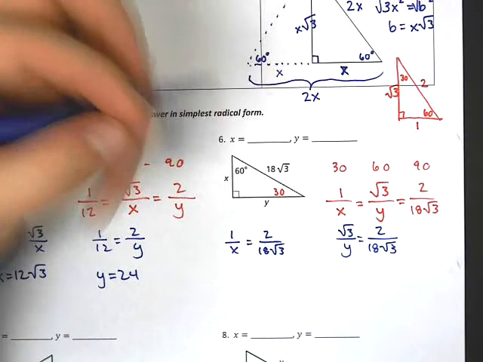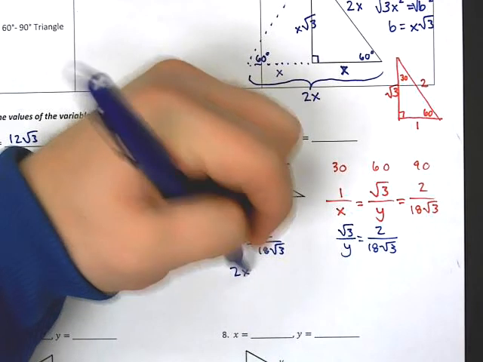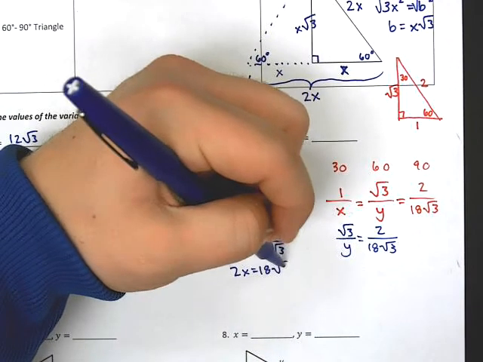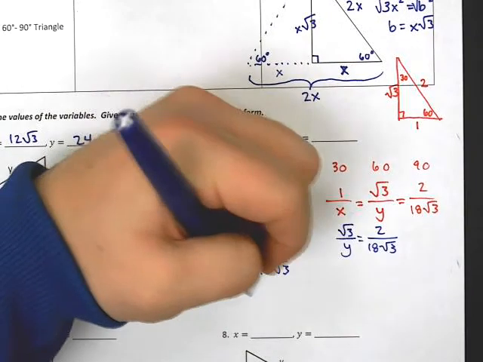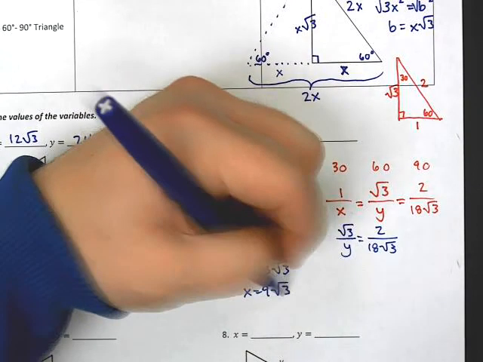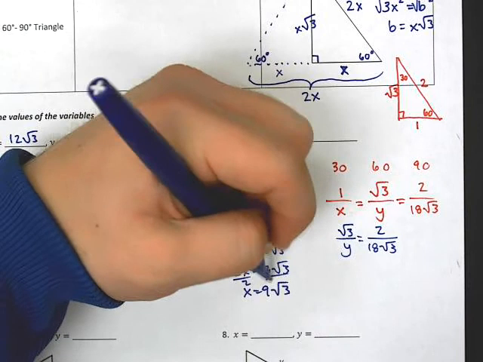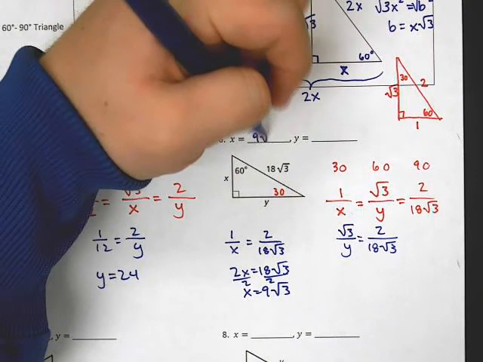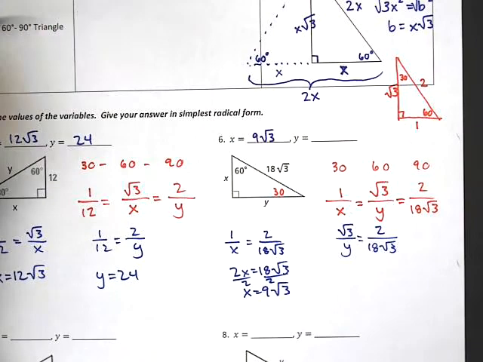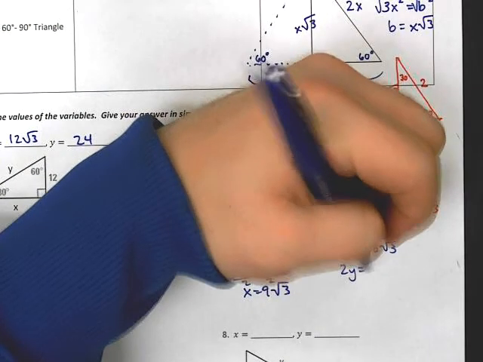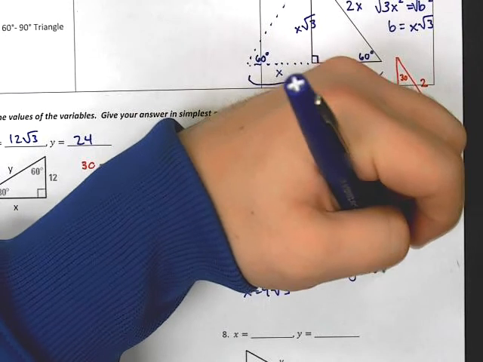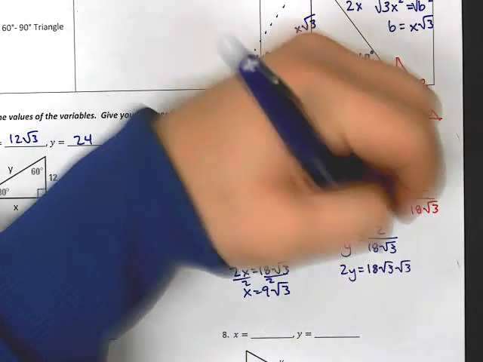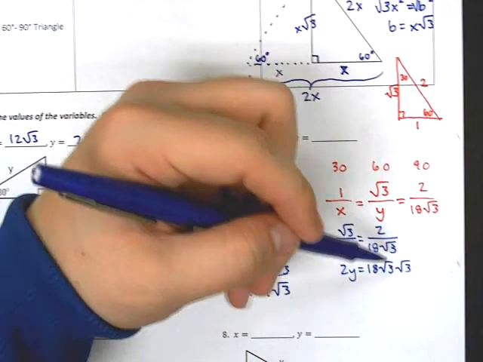We cross multiply. So we get 2x is equal to 18 root 3, or x is equal to 9 square root 3, right? Because I'd have to divide by 2, divide by 2. So 9 square root 3. And let's see here. 2y equals 18 root 3 root 3, right? When I cross multiply, I get 2 root 3's.